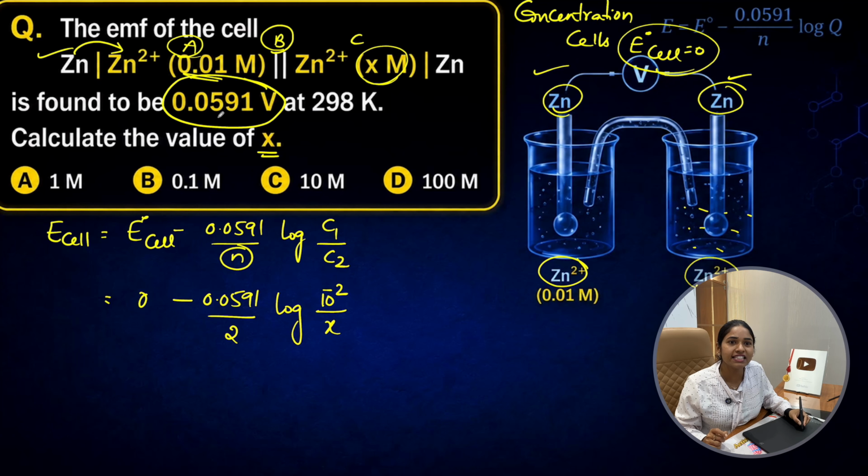E cell is already given in the question, that is 0.0591. Then what can we do?